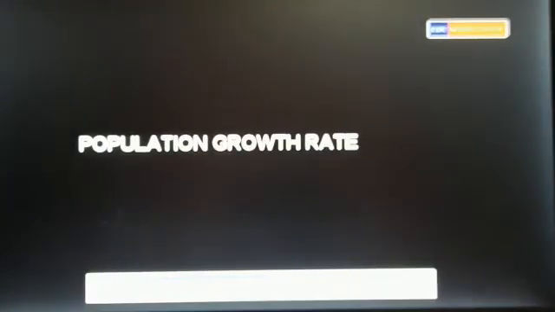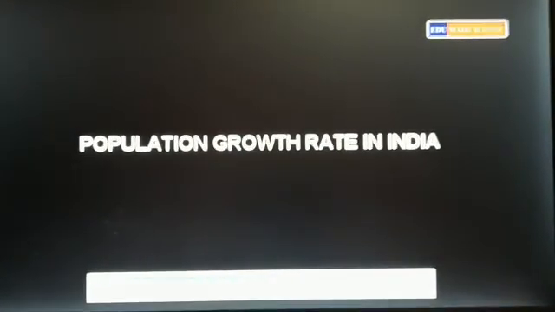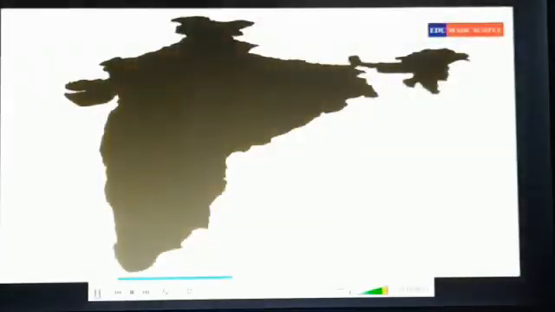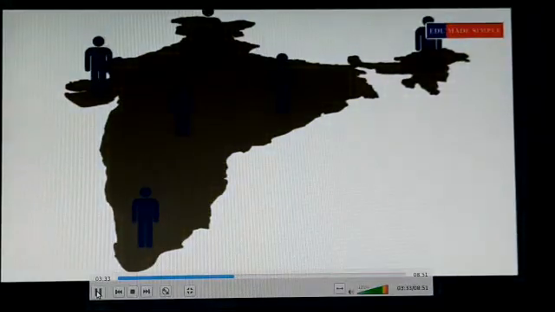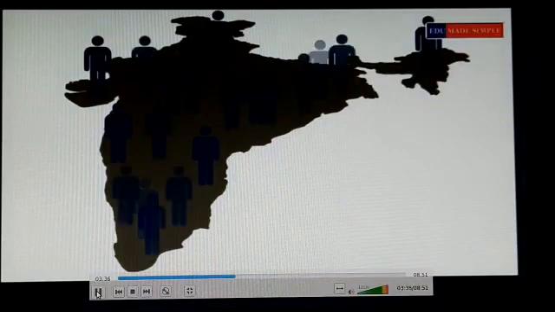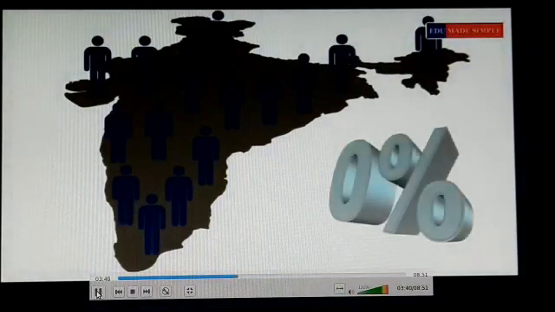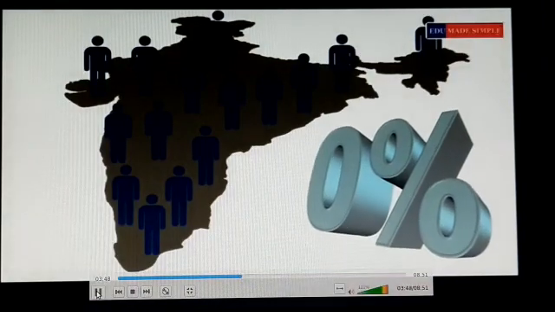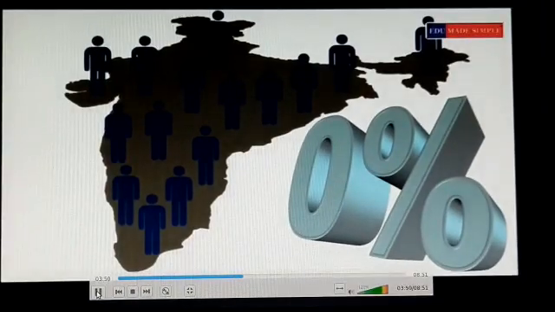The third quantitative feature of human resource is population growth. Population growth refers to the increase in the number of people in an area within a specific period of time. It is indicated in terms of percentage. Growth rate means increase in population as compared to the previous year.